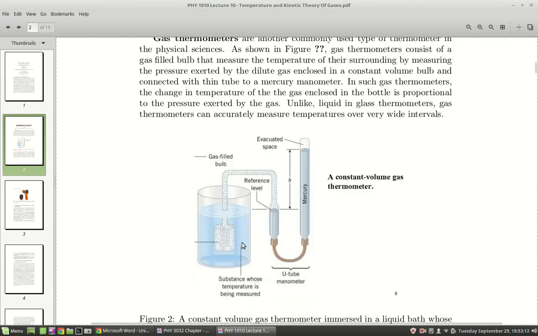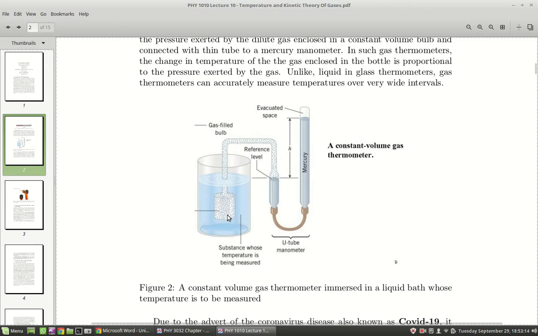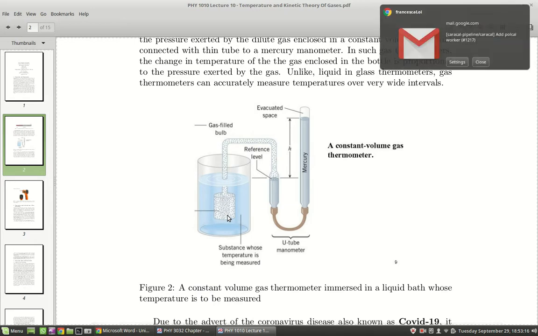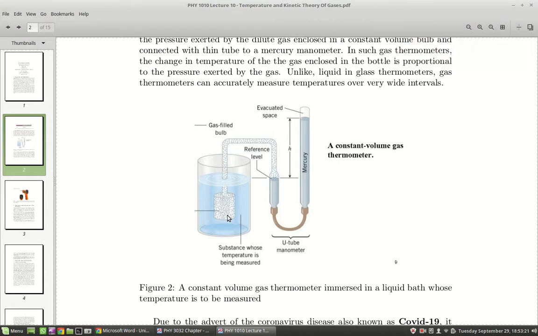So the operation of a gas thermometer is basically such that the bulb which is filled with the gas is put, like in this case, in a bath of a substance whose temperature we want to measure. So depending on how hot or cold that particular substance is, the gas is going to expand.